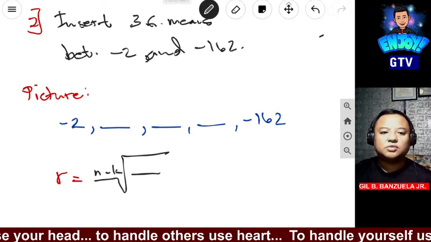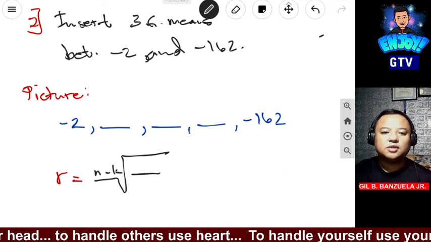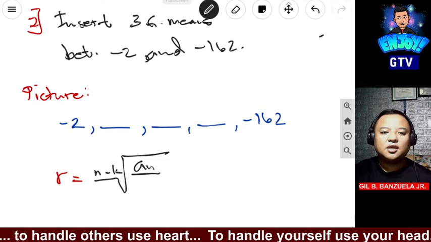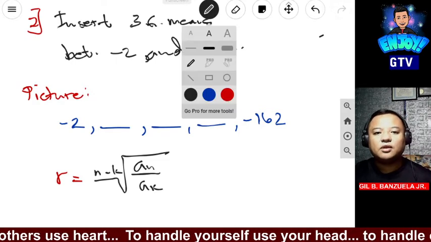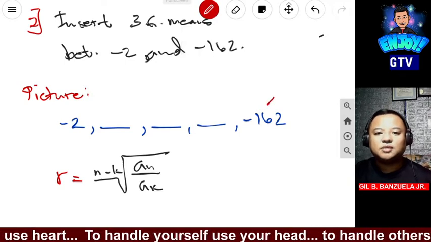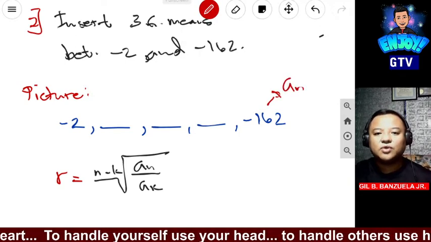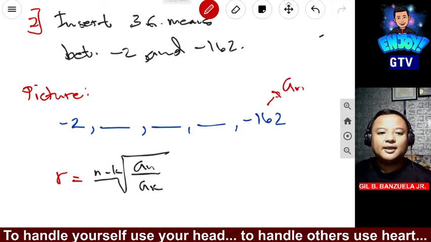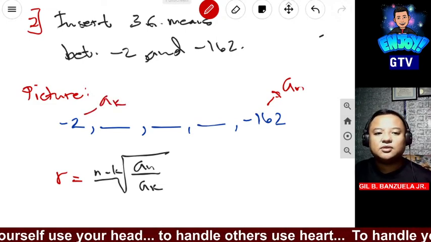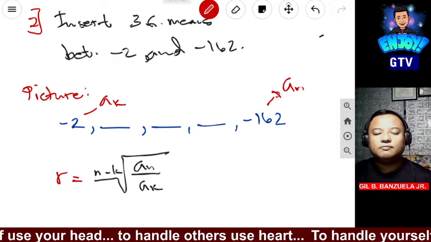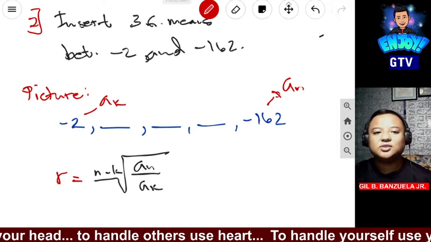And of course, we need to get the quotient between the last term and our a sub k. Now, for recall, guys, our a sub n is the last term or last element. And your a sub k, guys, is the first value that you've seen in the given sequence, no?